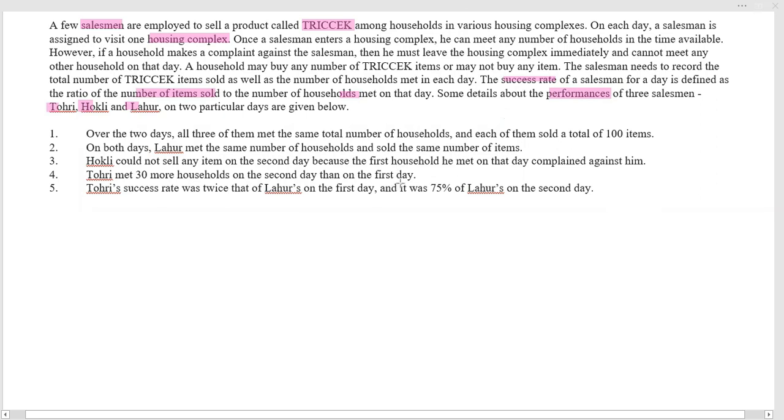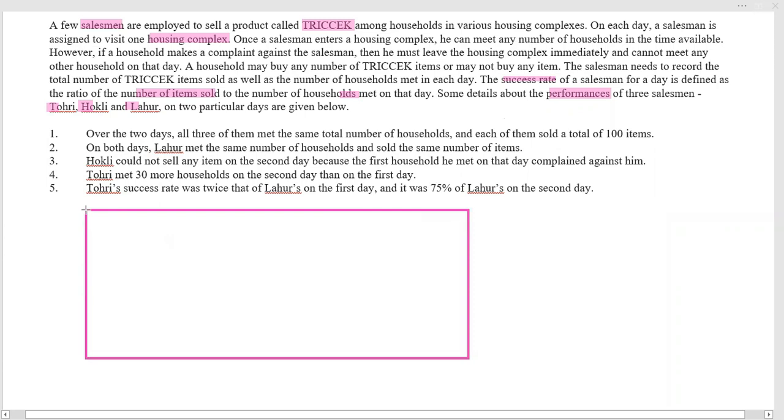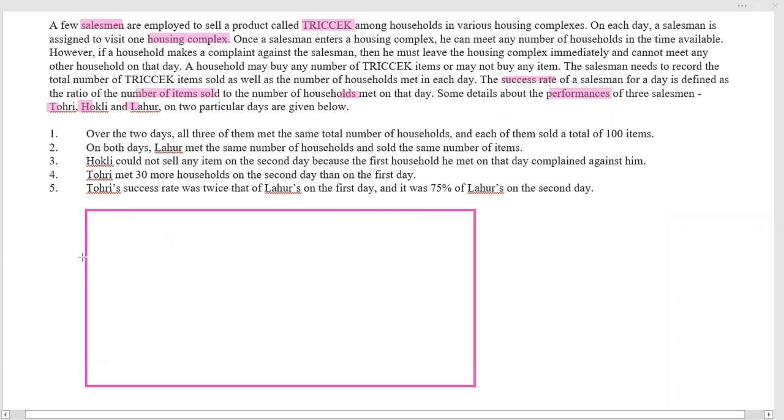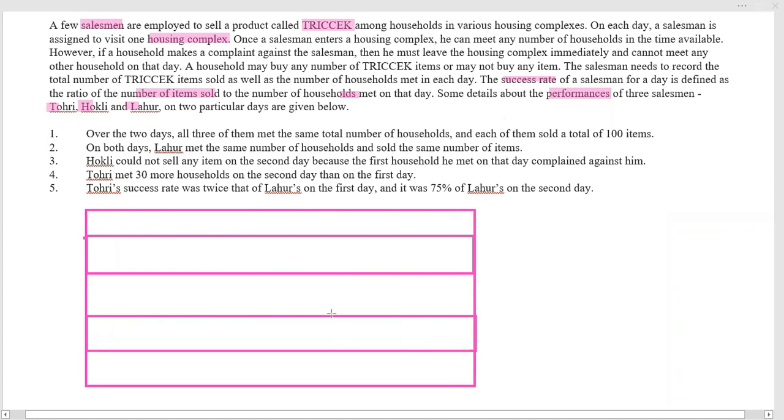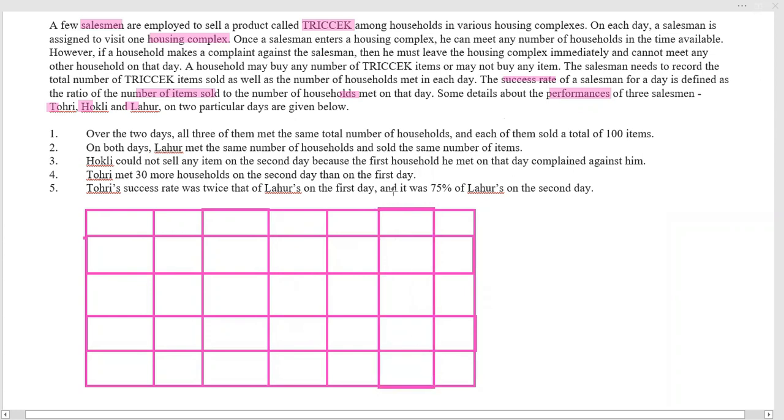So what I will do is try to form a chart. In the chart, I will try to give you an idea about the chart that I want to make for these three, with the name of the person, and finally it has been divided into these two parts.